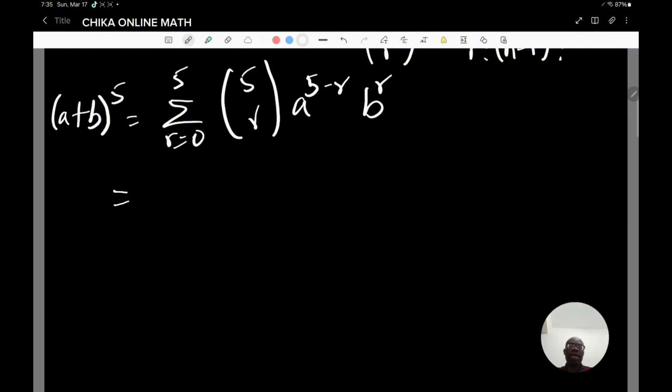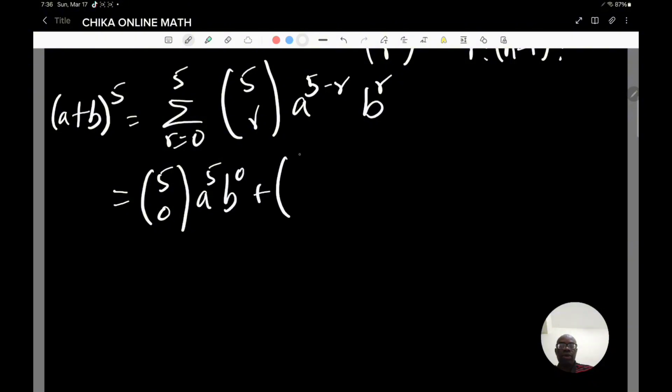Now let's write the sum explicitly. For r equal to 0, we have 5 combination 0, then a to power 5 minus 0, which is 5, and b to power 0, plus, for r equal to 1, we have 5 combination 1, a to power 5 minus 1, which is 4, and b to power r, which is 1.